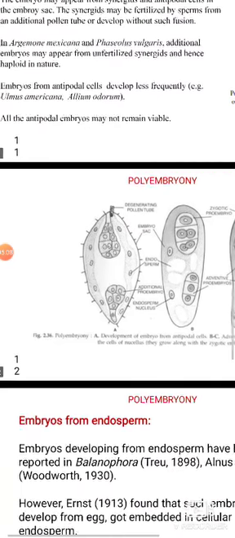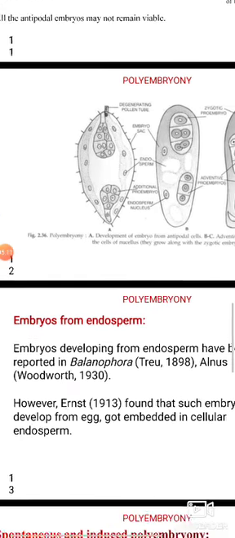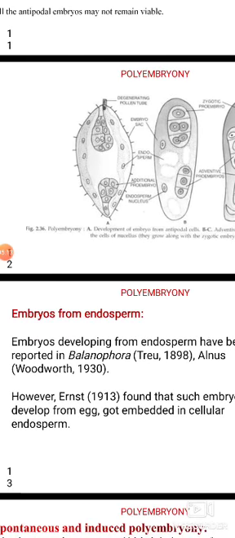Embryo from endosperm. Endosperm is formed by fusion of the two polar nuclei with the male gamete, present towards the central region of the embryo sac. It is known as triple fusion, and the product is known as the primary endosperm nucleus, which develops into the endosperm, a nutritive tissue for the developing embryo.